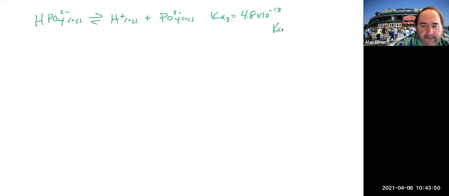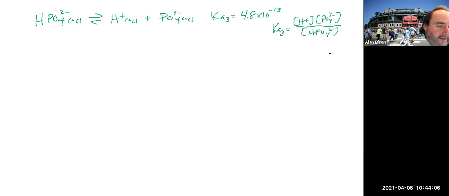The Ka3 expression is going to be H plus times PO4 3 minus divided by HPO4 2 minus. All right, so where do we start here?